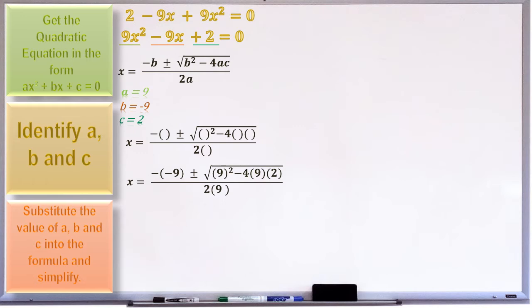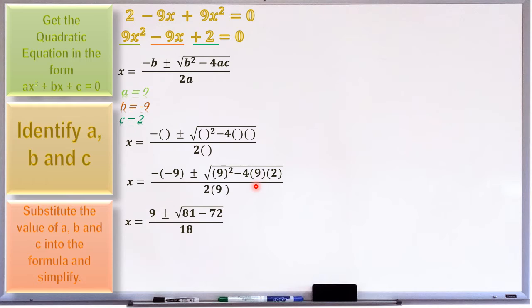Next. So, negative multiplied by negative is positive. So, we have positive 9 plus and minus the square root of 9 multiplied by 9 is 81. Next, negative 4 multiplied by 9 is negative 36.